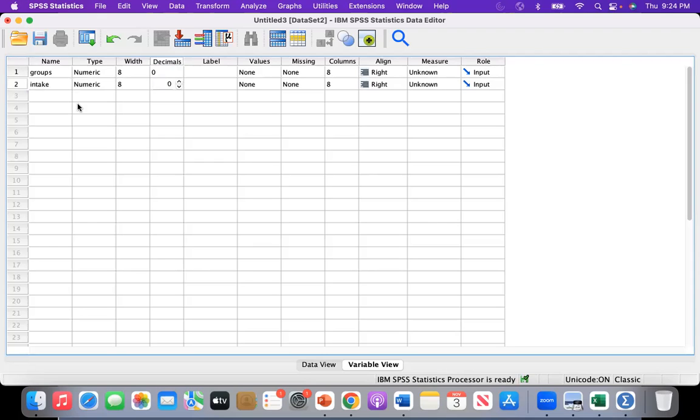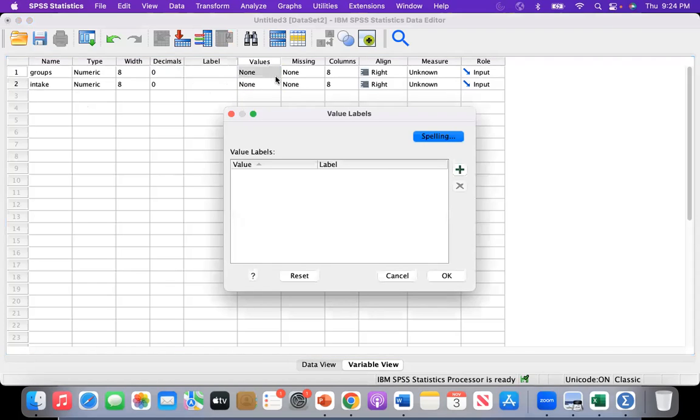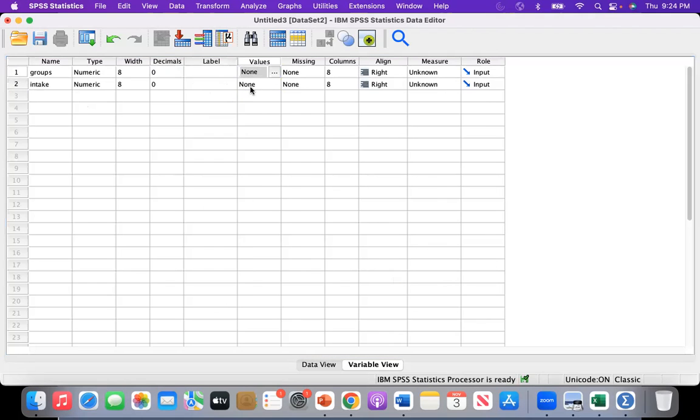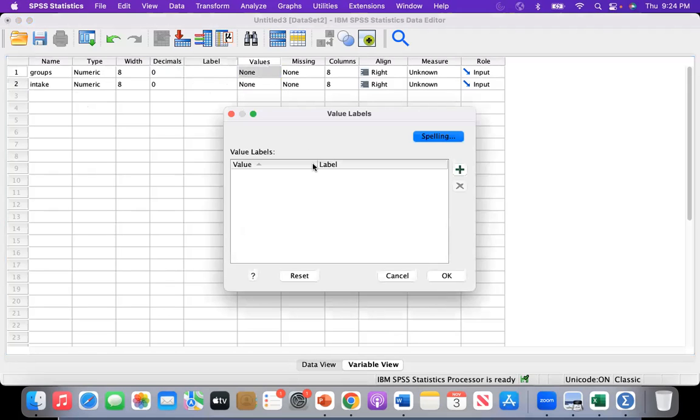So in the Values column, you see those three dots? Click on the 3 dots. And then we're gonna hit the plus button.